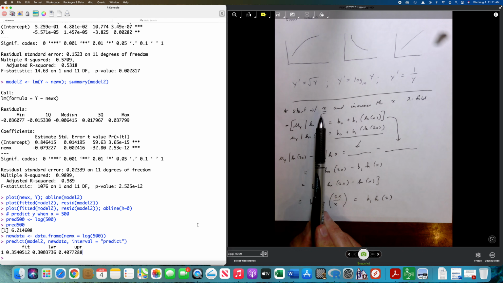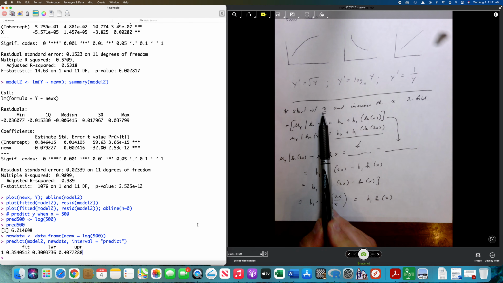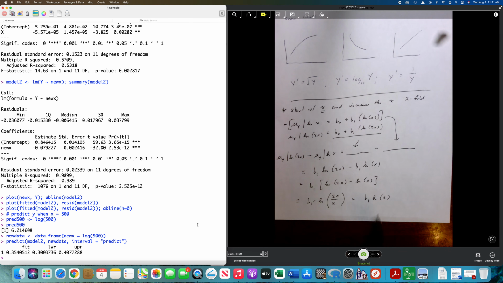In other words, if we're going from x of 1 to 2, we can look at the prediction increase by just taking the value for b1, which in this case was negative 0.079227, times the natural log of 2. Very easy to do.